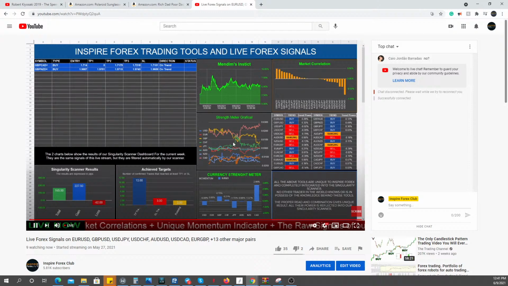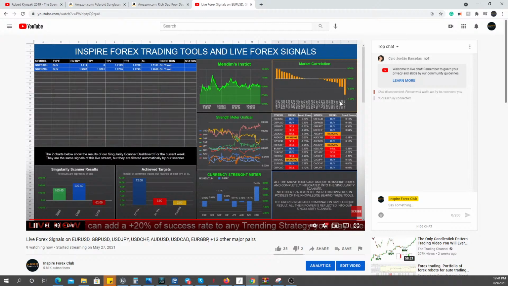Then you can even check the trend power, the strength meter for the pairs. For example, if you are trading CAD/JPY, you're going to see CAD is the strongest and yen is one of the weakest. It's not the weakest, but it's one of the weakest. And we have NZD/CAD here, for example, which would be a sell, I think.